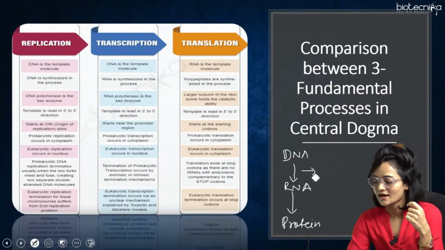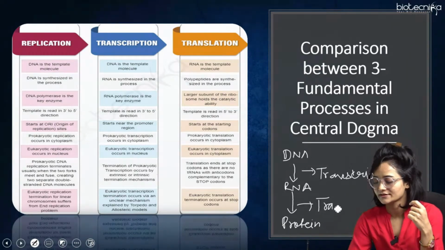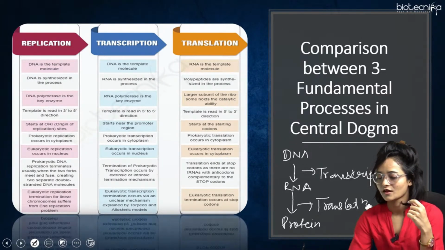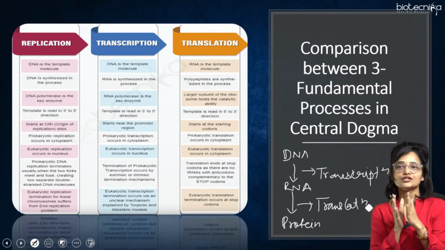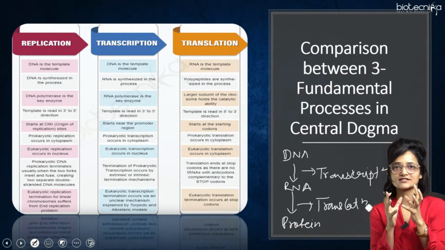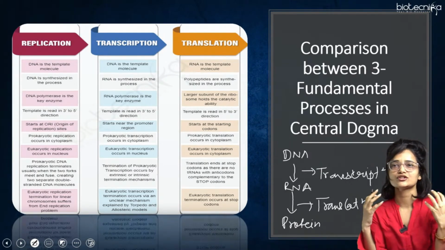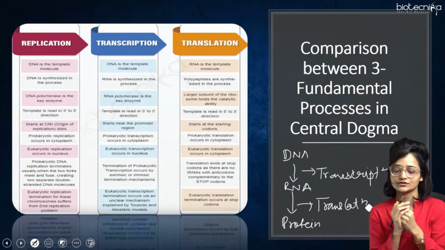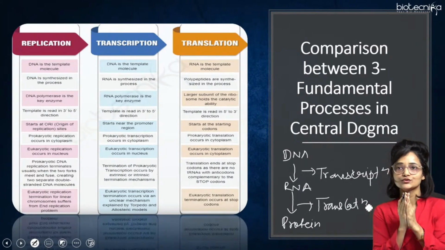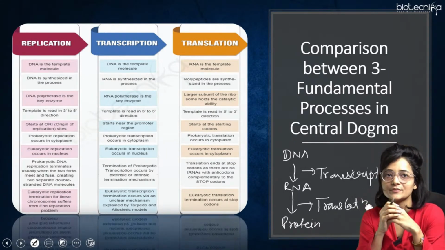This process is known as transcription, and this process is known as translation. Now, in prokaryotes and eukaryotes, how do these fundamental processes of replication, transcription, and translation differ? Through this revision tool, we'll be understanding the basic concepts.